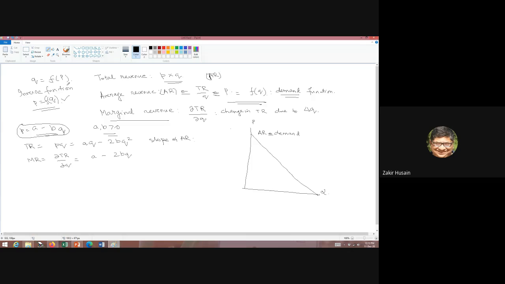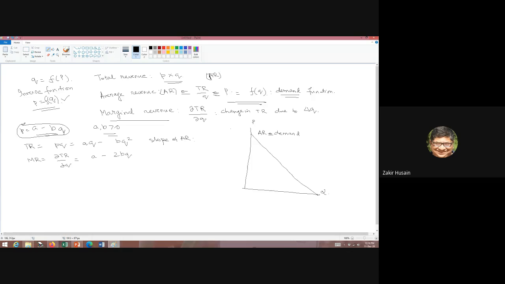Sorry, it's my mistake. I was just thinking ahead. So total revenue is aq minus bq squared, and if we differentiate, it comes to a minus 2bq.